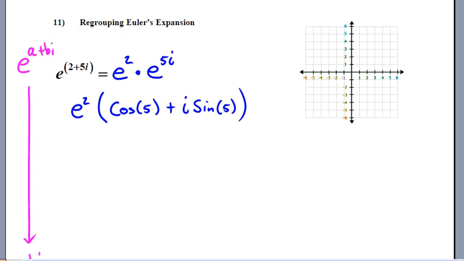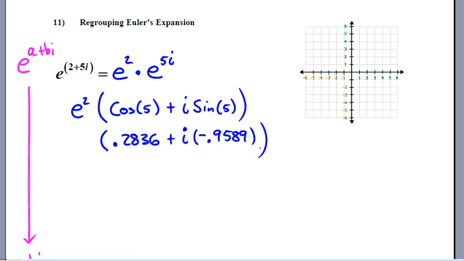And if I take my calculator and ask, what's the cosine of 5? It says 0.2836, at least to 4 decimal places. And then if I ask, what's the sine of 5, put that with an i, it says that is negative 0.9589.